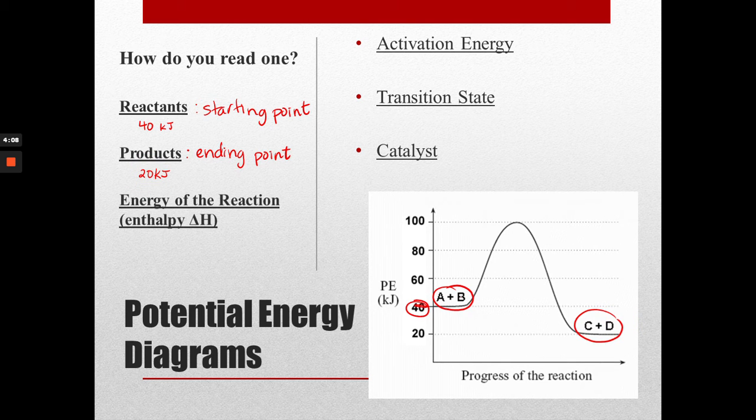So that's comparing our reactants to our products. Now, if you think about what we learned last time, if we make this a really simple one, we're just going 40 to 30, right? That's going downhill overall. Downhill overall means that energy is being released. This is an exothermic reaction.